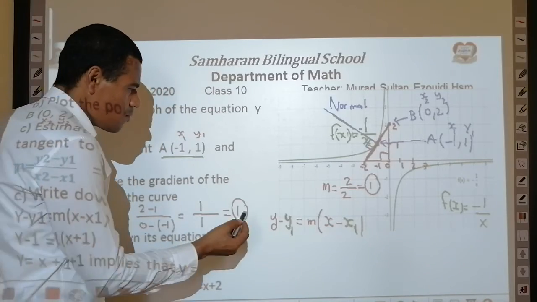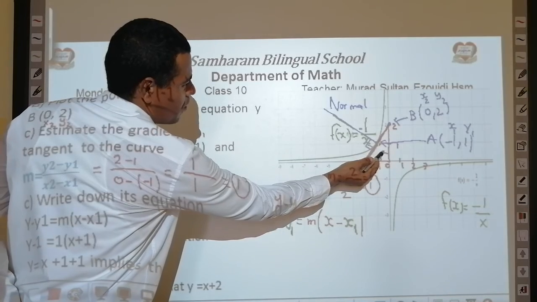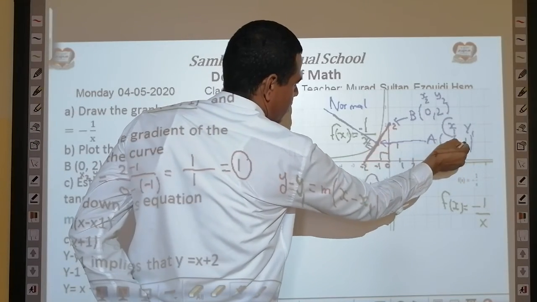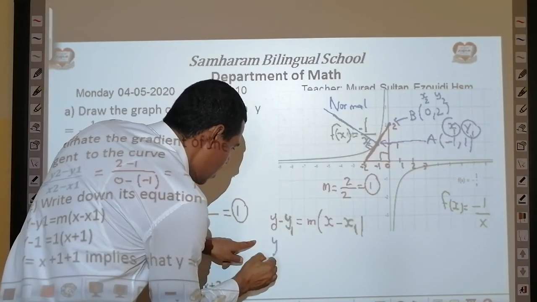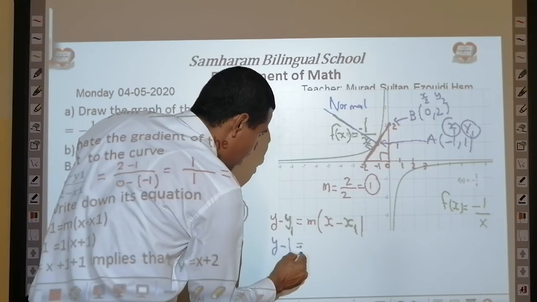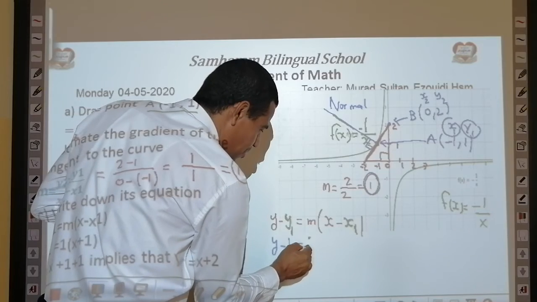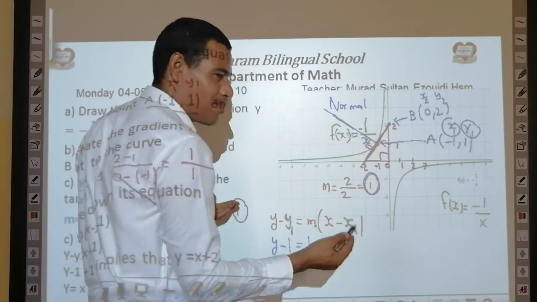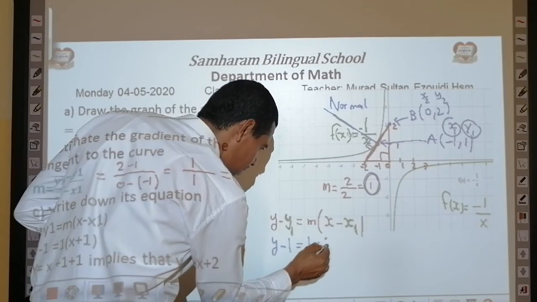Okay, so what is the value of y, my learners, at this point? This is the point of tangency. It means (-1, 1). This is x1 and this is y1. So I will just write y minus 1 equals m, which we said is 1. I will write 1 multiplied by, no need to write it because 1 multiplied by something is the something itself, but okay, I will write it, no problem.